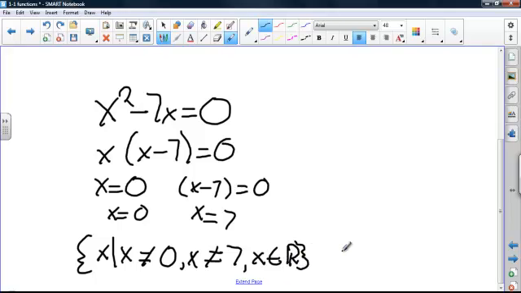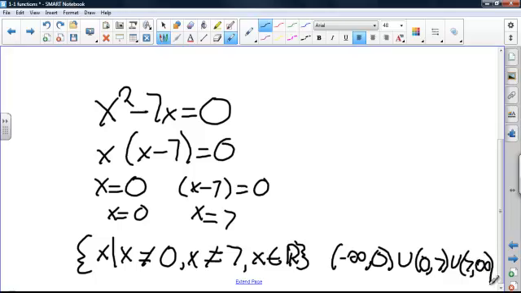There's set builder, here's interval. Okay, interval notation. Negative infinity up to 0, union 0 to 7, union 7 to infinity.